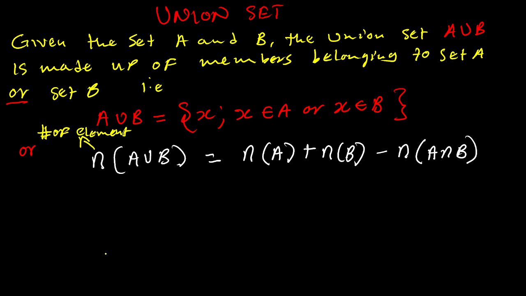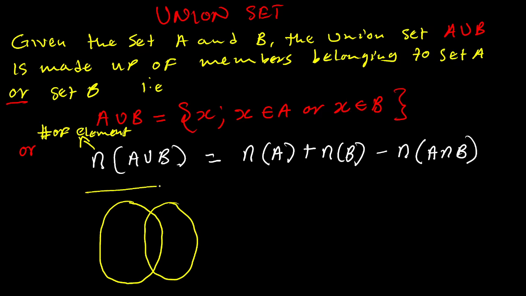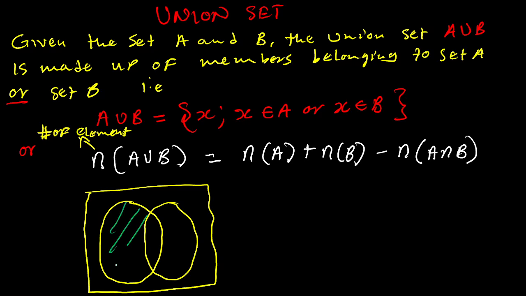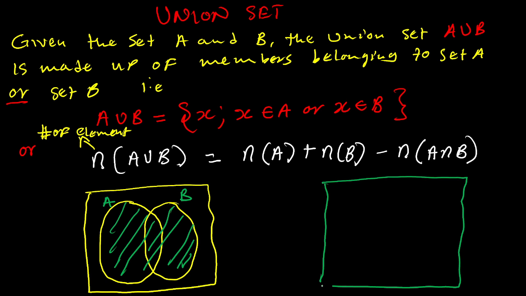Venn diagram, remember there are two types of sets. The first set which we can talk about is a joint set, like this one. Then for the union, it simply means that you shade everything, and this is set A and this is set B. Then for the disjoint, you're going to have a Venn diagram like this, this is set A, this is set B, and this is a disjoint.